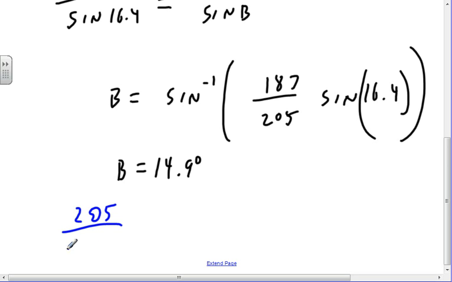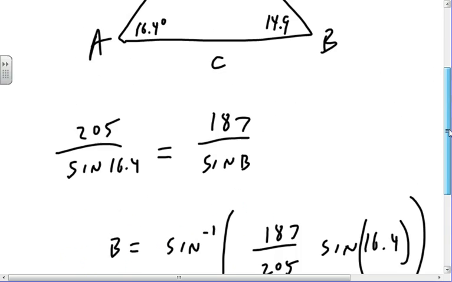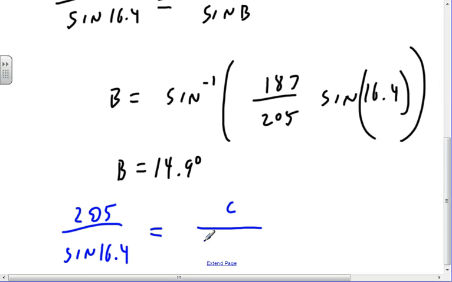205 divided by the sine of 16.4 is equal to, I don't know, or do I know? No, I don't know, divided by the sine of 148.7.